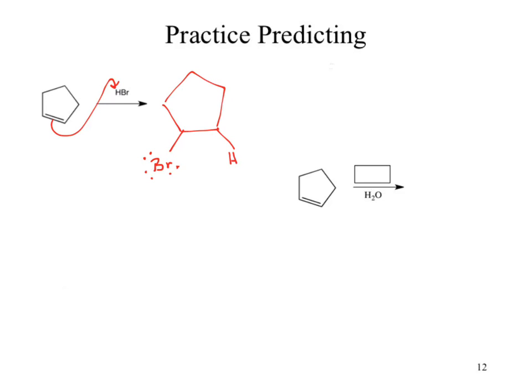So if we go through and take a look at water, we could just as easily have written that H, OH. What might we predict to happen if we take an alkene and we add water? Yeah, we'll put the hydrogen on one side, the OH on the other.